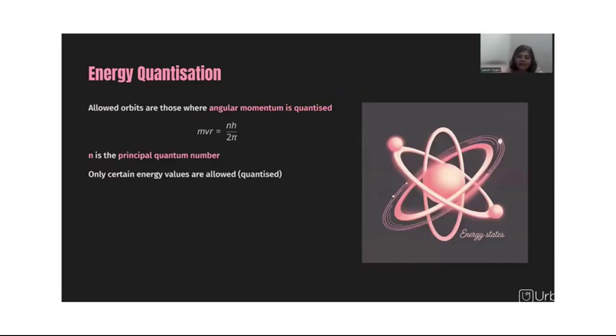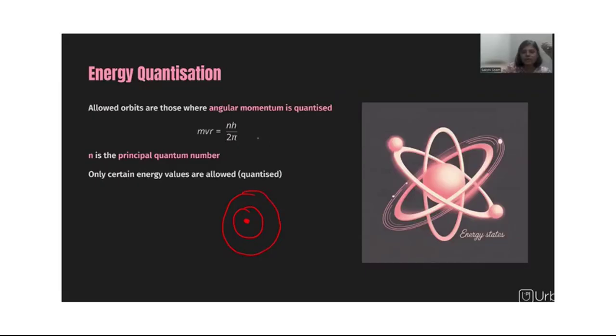Okay, so let us understand. Bohr talked about energy quantization. What is the meaning of the word quantization? Quantization means when something is fixed. He said that every orbit has a fixed energy. For example, if I draw this, I have first shell, I have second shell.